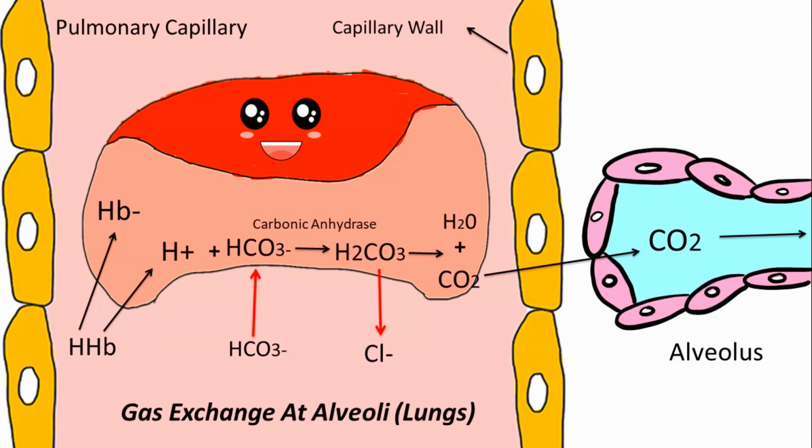They come from the hemoglobinic acid which breaks down into the H plus ions and hemoglobin. So bicarbonate ions will combine with H plus ions to form carbonic acid, which will again be broken down into water and carbon dioxide. And this carbon dioxide is released into the alveoli from where it is exited outside by means of expiration.